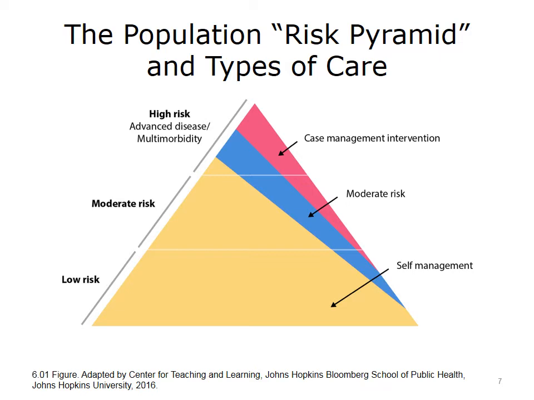The pyramid shown here, the original of which was developed for the National Health Service in the UK, also presents and reminds us that people at all risk levels can get care in three different ways. They can care for themselves or in the community. It could be behavioral, getting exercise. It could be making sure they do activities at home.